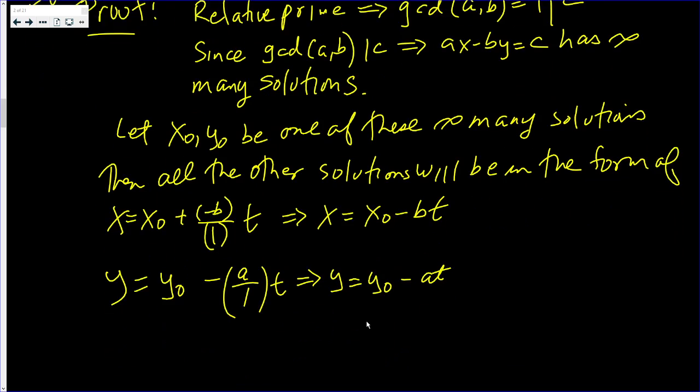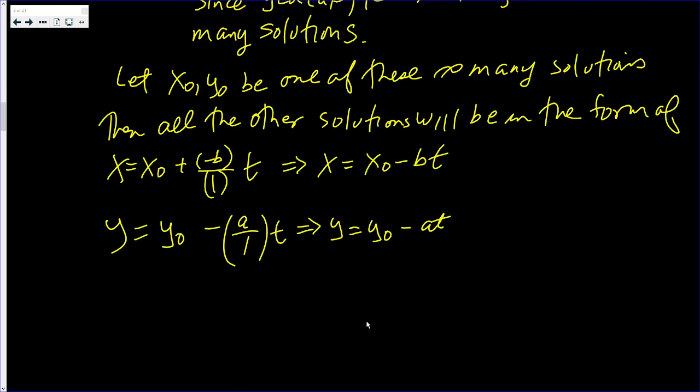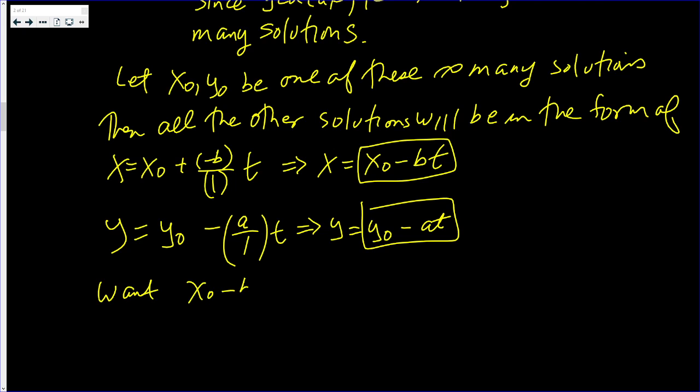Now, we want infinitely many solutions, so we want both of these to be positive. We want x0 minus bt to be positive, and we want y0 minus at to be positive.